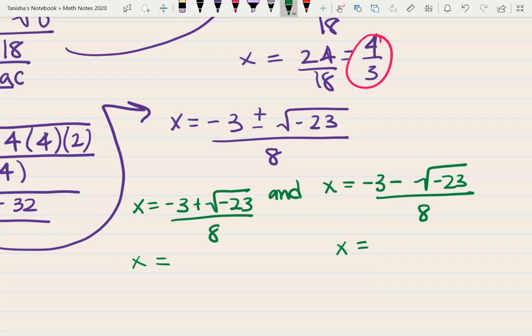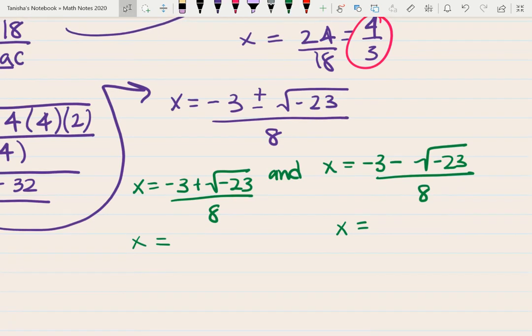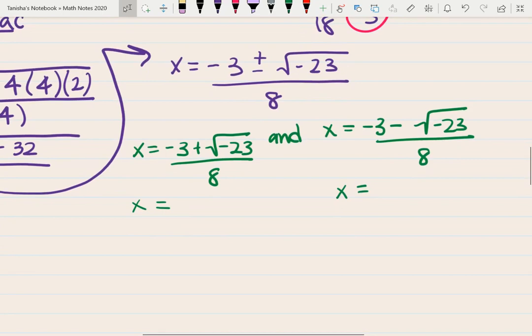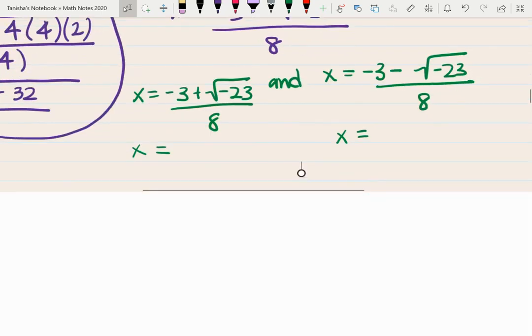Taking the square root of a negative number gets us into another set of numbers called complex numbers, which we will not even touch, right? So you just need to know that when you take the square root of a negative number, you get a complex number, which is not a real number. So we cannot find a real root or solution to this problem.